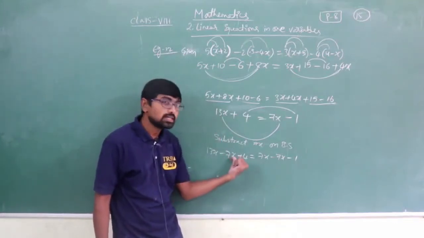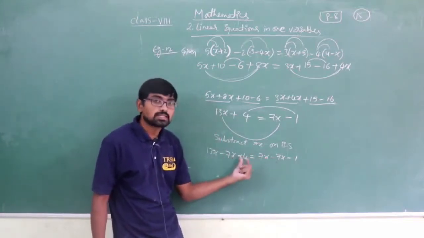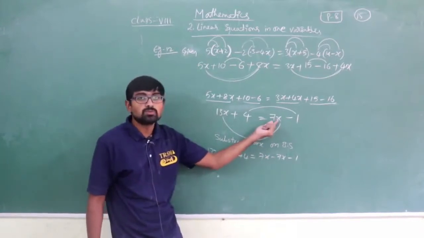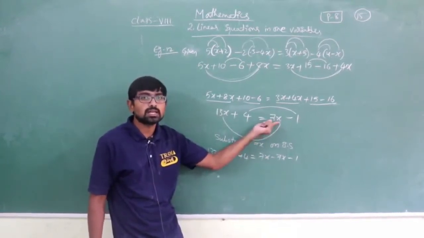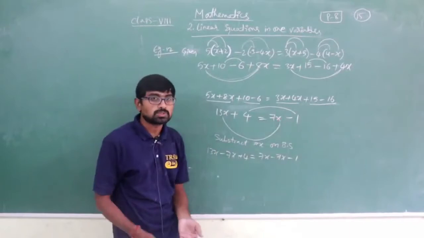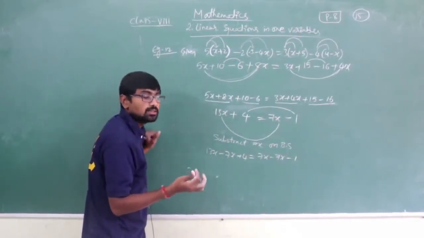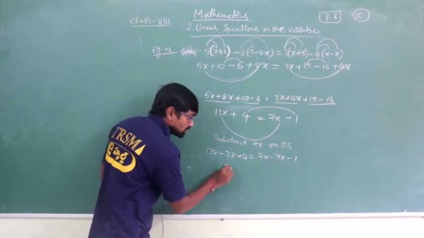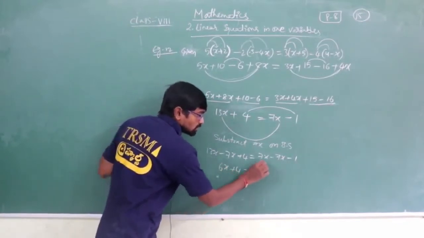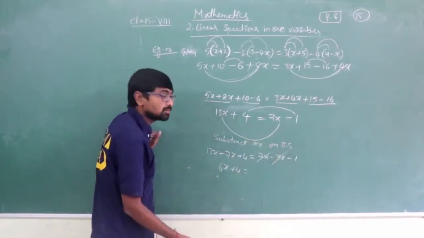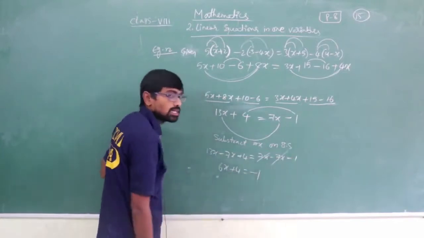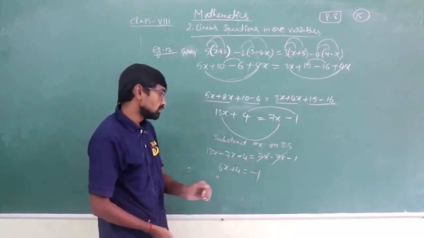I am subtracting 7x to remove the 7x on the right hand side. So here 13 minus 7 is 6. Here I will be getting 6x plus 4 equals to 7x minus 7x will become 0. Here the remaining answer is minus 1. Hope you all understood, isn't it?